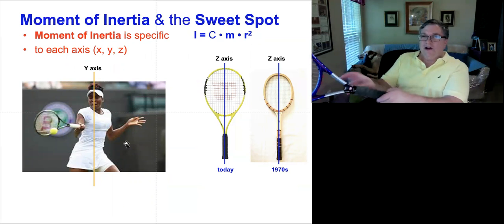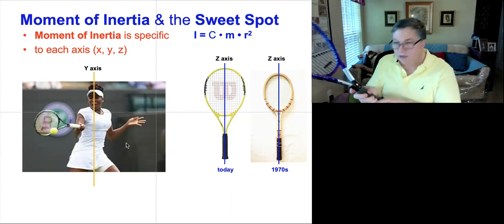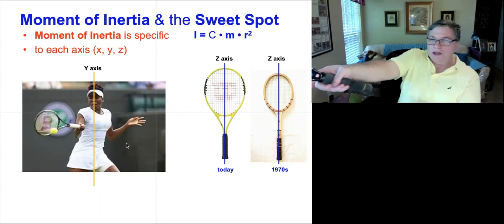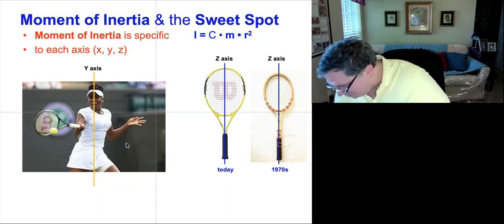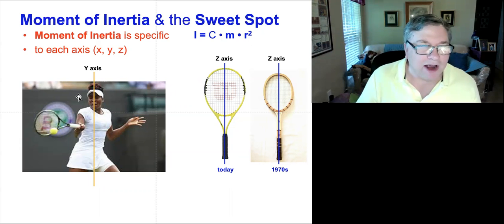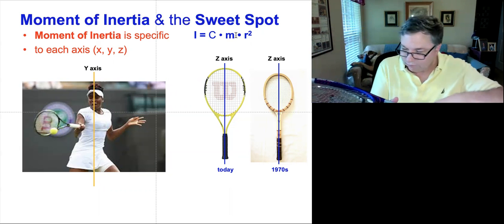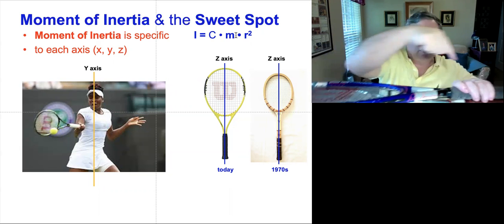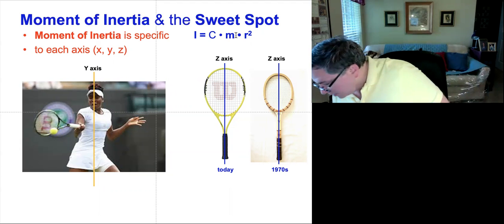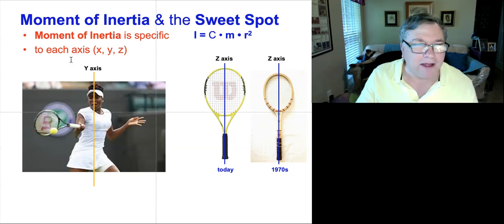So the reason I wanted to point out these different axes is that when you're swinging a racket, and let's say you're hitting a forehand shot, your body's rotating around a y-axis. So why is that important? Well, when you look at the tennis racket around the y-axis in your arm, if you have a tennis racket today that has a low mass, and the balance point or center of mass is actually closer to the handle, we have a situation much like Barry Bonds figured out with a baseball bat.